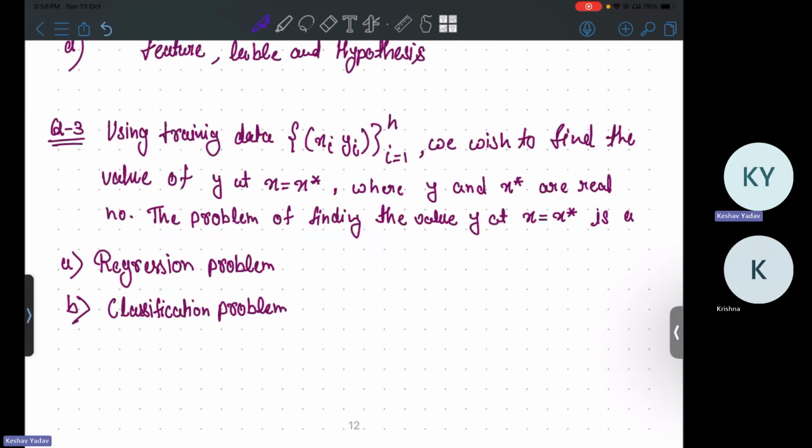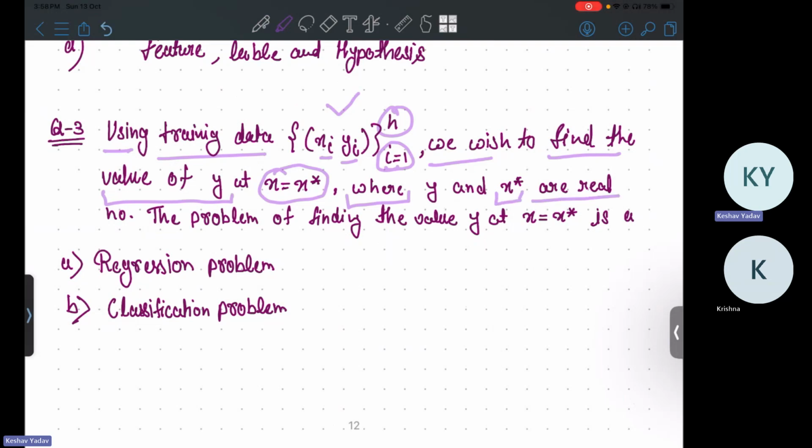Now, next problem. Using training data xi, yi, i goes from 1 to n, means we have a training data set. We wish to find the value of y at x equal to x star, where y and x star are real numbers.